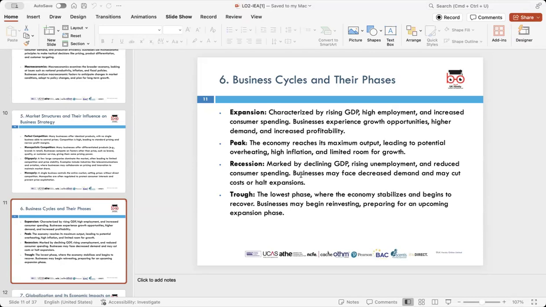Trough. The lowest point in the cycle before recovery begins. Businesses that prepared well during the recession can now start reinvesting, expanding, and taking advantage of new market opportunities.